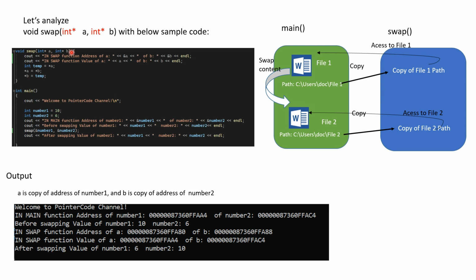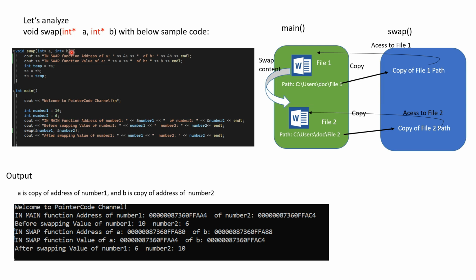Then, because we have an address, we can access the original variable, and we can do anything: get the value, change the value, and save the change.